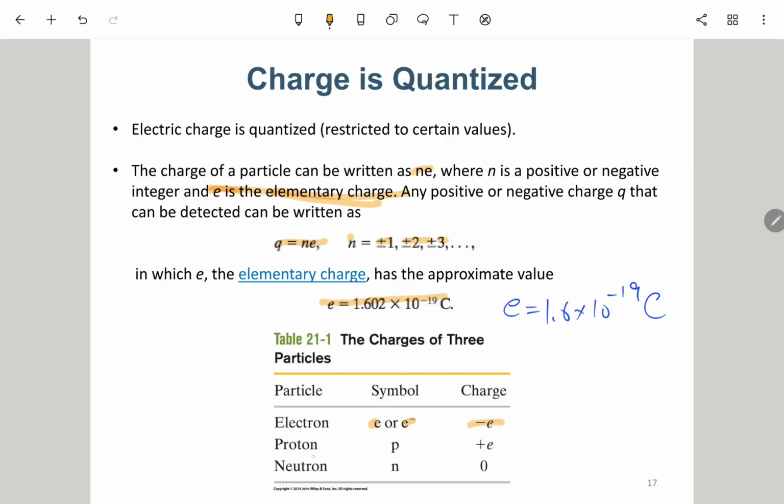The proton, denoted as p, has a charge of plus e. An atom usually has the same number of electrons and protons, so an atom is by default electrically neutral. The neutron, denoted as small n, has mass but doesn't have any charge.